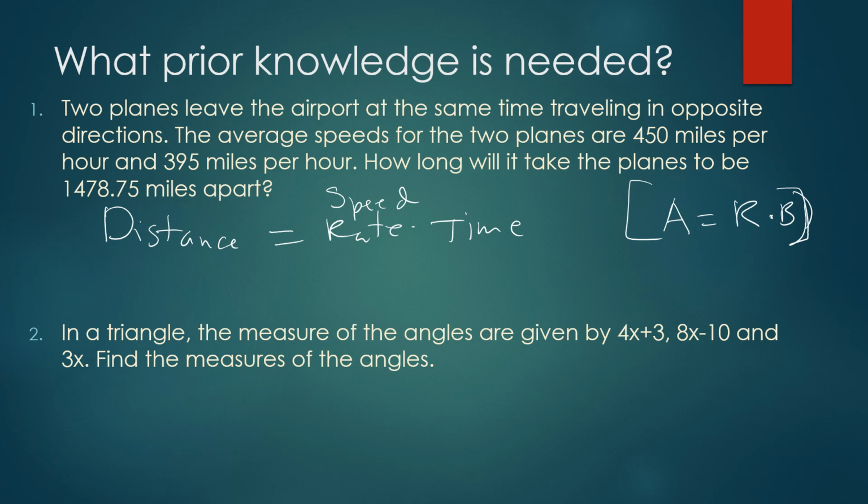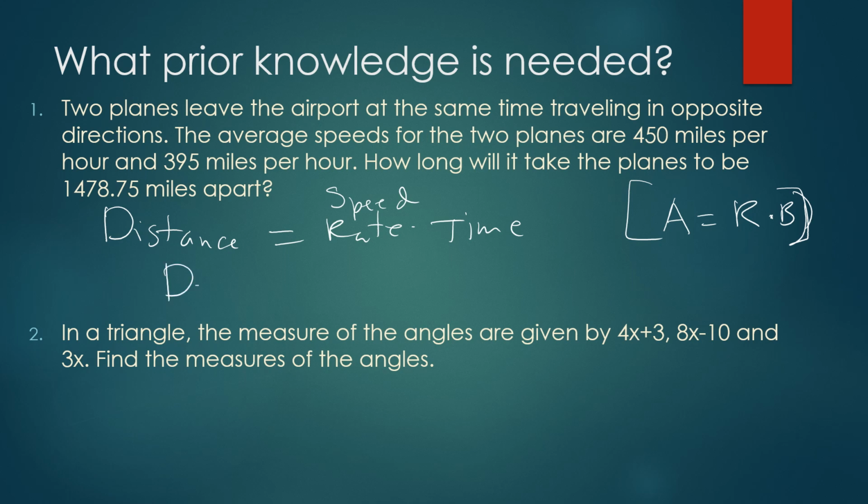With this information, we can come up with an equation for this problem. But this is the only prior knowledge that you need. Without knowing this formula, distance equals rate times time, or distance equals speed times time, you would not be able to come up with the equation for this one.